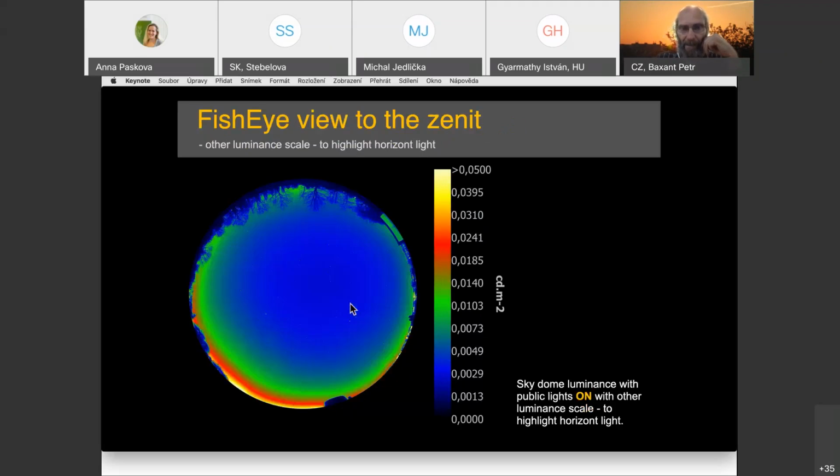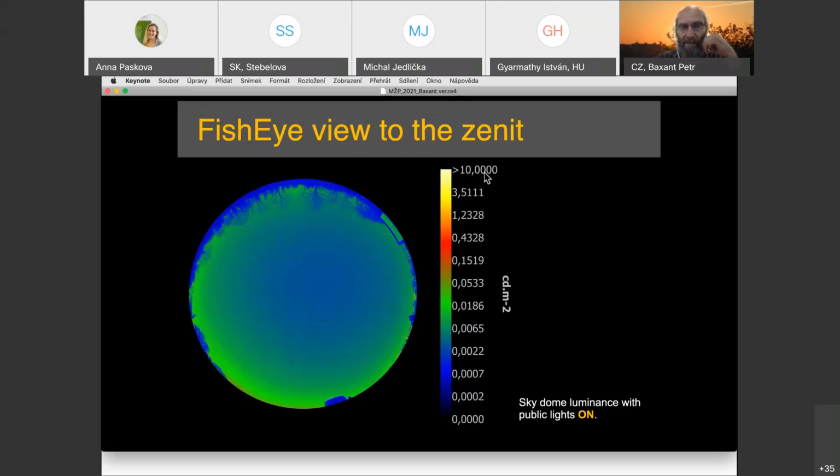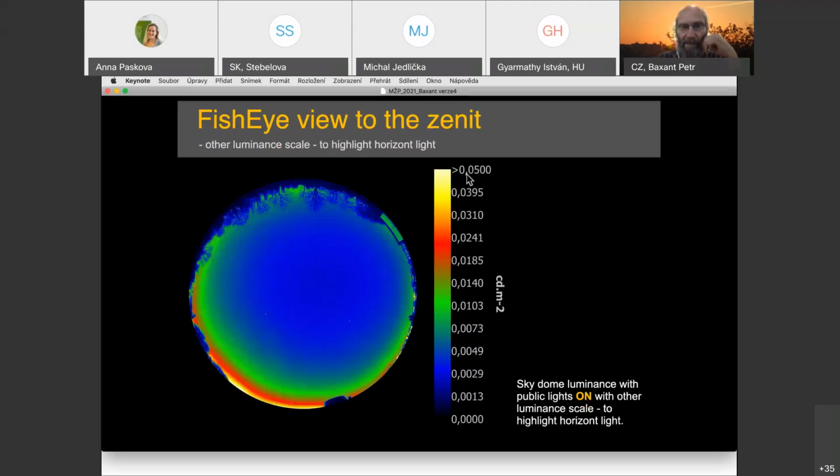If we change the limits, for example, here the limit is 10 candela per square meter, and we decrease it to just 0.05 candela per square meter, and change to a logarithmic representation to highlight the horizontal light.